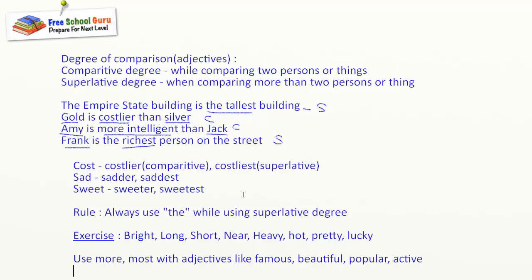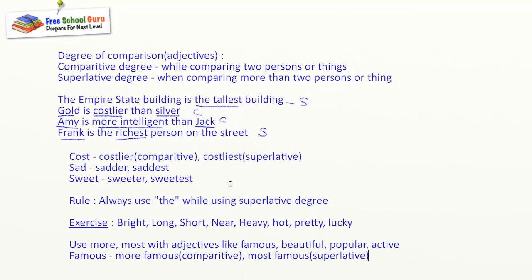So if I were to take an example with famous, what will be the comparative degree? More famous. This is comparative. And what will be the superlative degree? Most famous. Okay, so this is just to make sure that you understand that there are certain adjectives with which you use more and most to convert them into comparative and superlative degree.